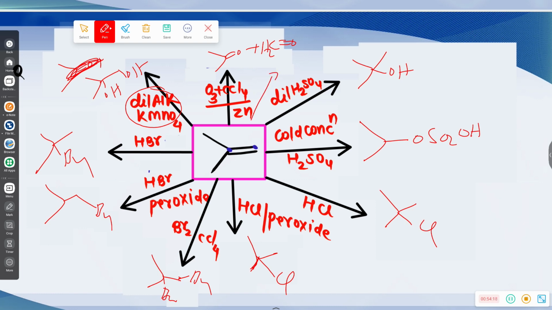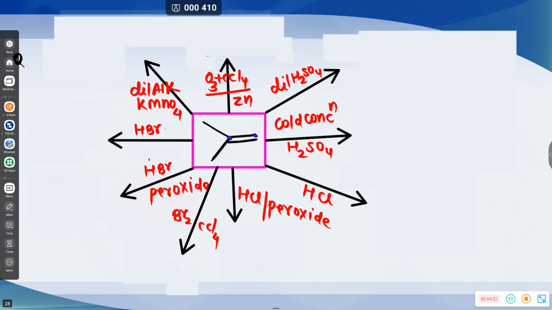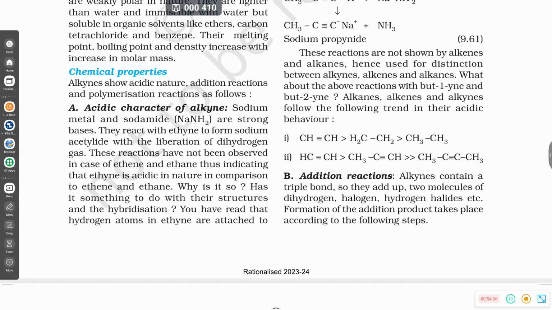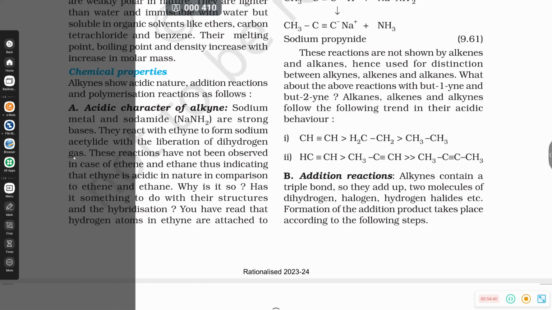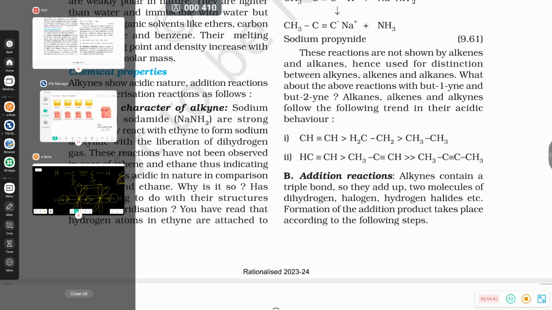If you are taking KMnO4 with H plus, then it will be like this only, but this will become CO2H. Simple, right? Okay, H plus I will explain.